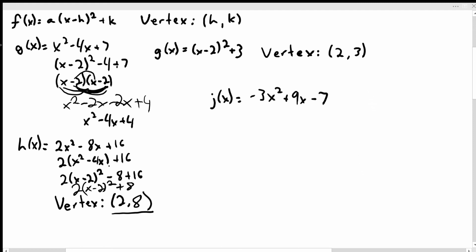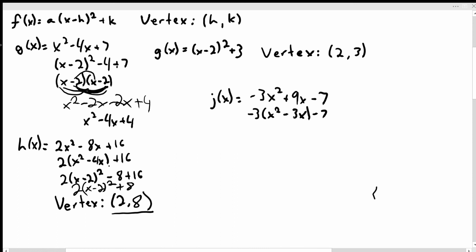Alright, so just like in this problem right here, h of x, we want to factor this negative 3 out of our first two terms. So when we do that, we'll have negative 3 times x squared minus 3x, minus 7.